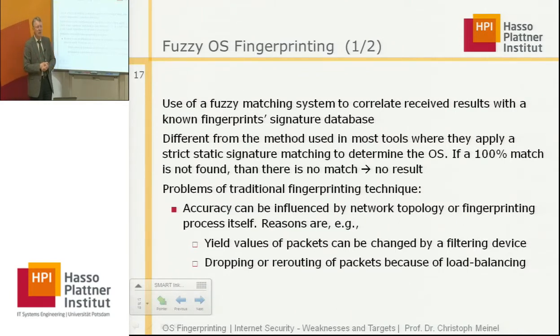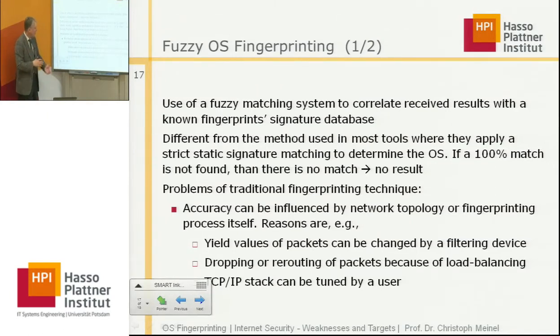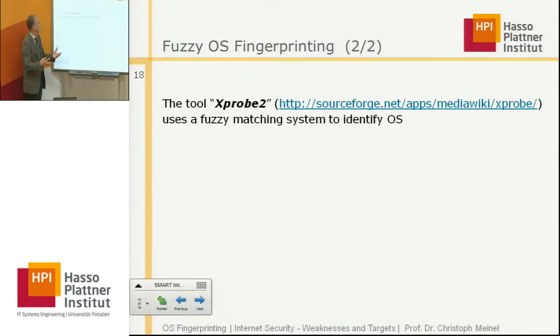Dropping or rerouting of packets can be caused by load balancing systems and others. The TCP stack can also be tuned in a system, so not the original version is used, but the tuned version, and the behavior is different in some points. That's the reason that such traditional methods often do not come up with an answer, because they are expected to provide correct answers.